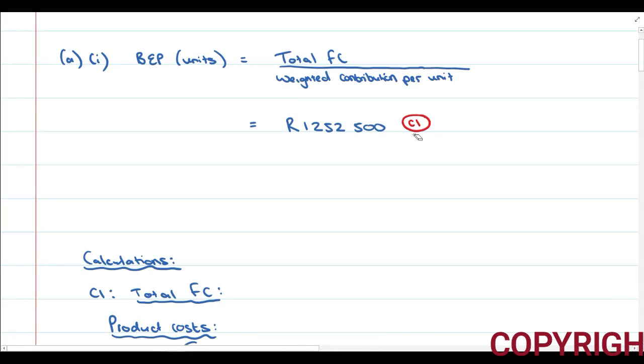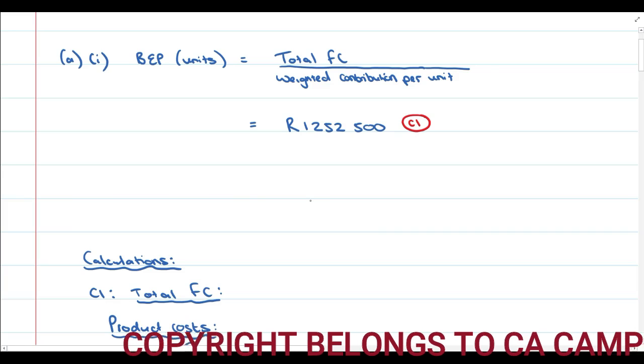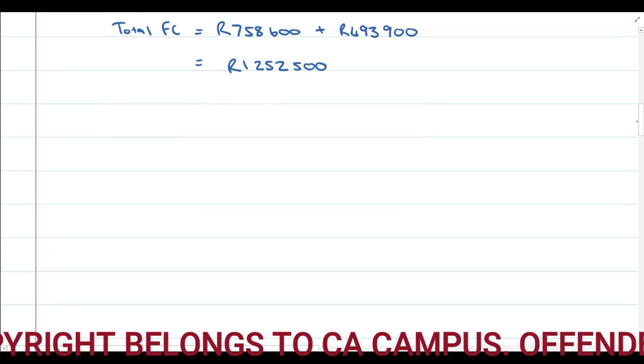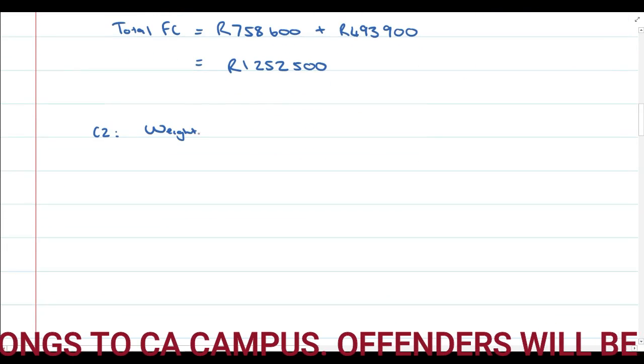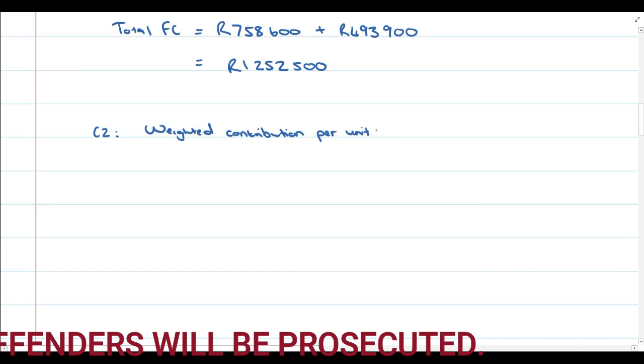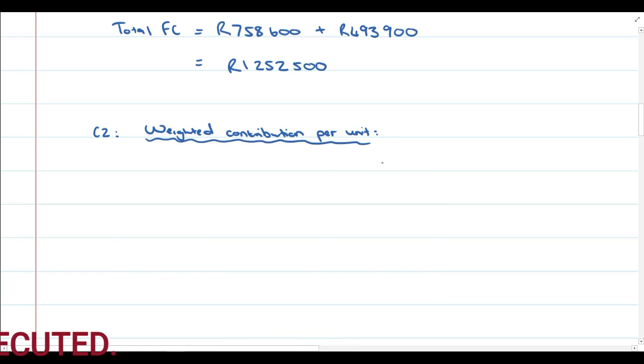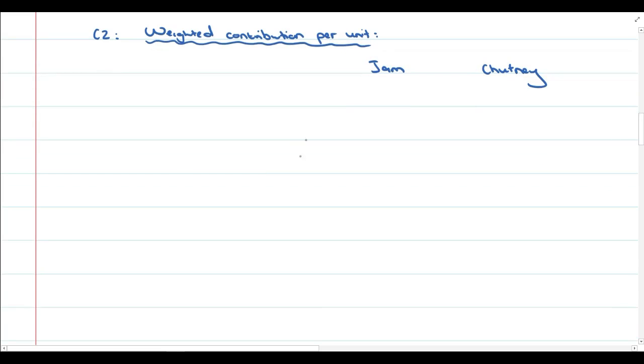All right, then next we need to calculate the weighted contribution per unit. We have two different products, jam and chutney, so we'll need to calculate the contribution per unit for each of those products.